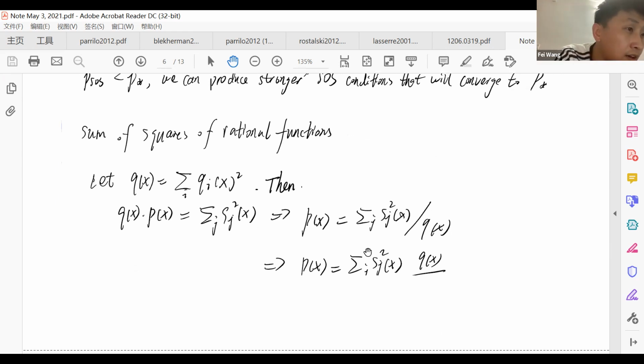Now let's talk about sums of squares of rational functions.